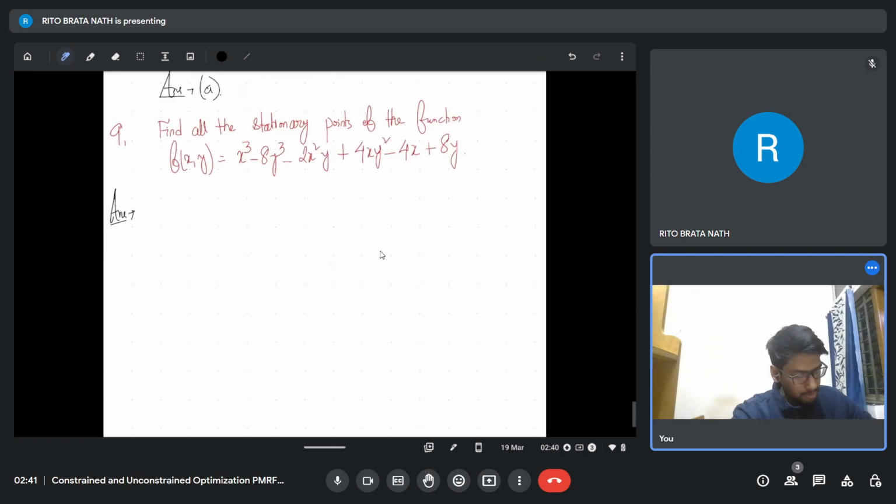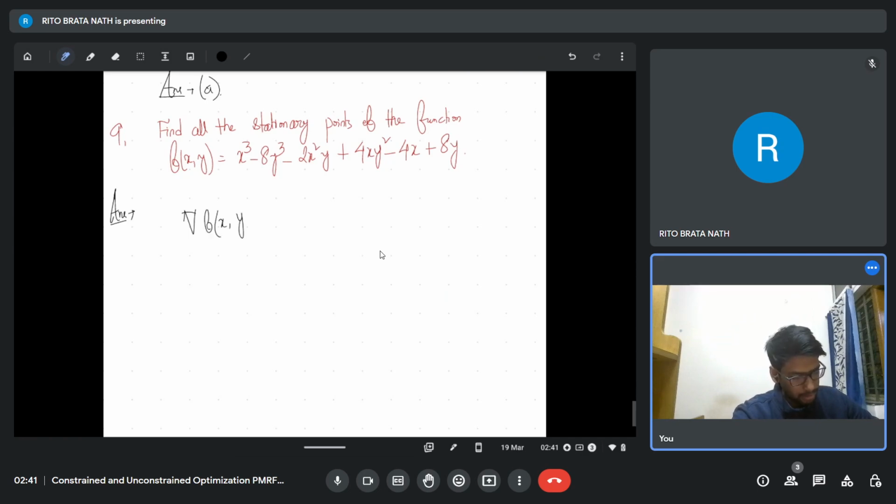Okay, so the function expression is written. What I have to do is take the gradient, and the Hessian I can find out as well. But since it's a stationary point problem with a function of 2 variables, you can write the grad of f.